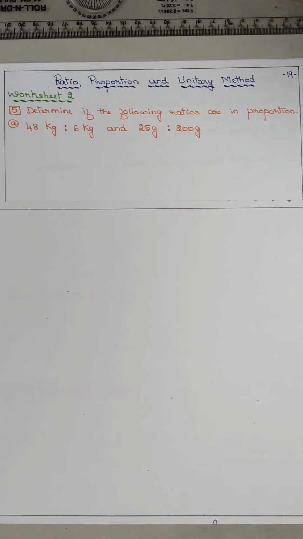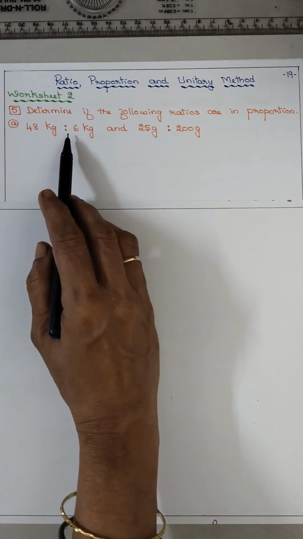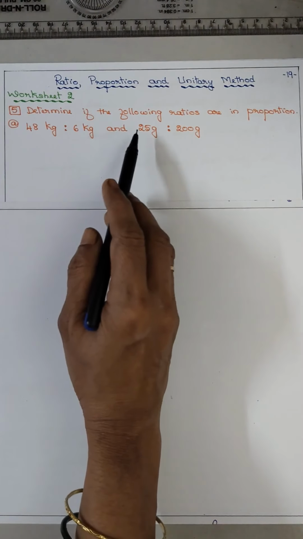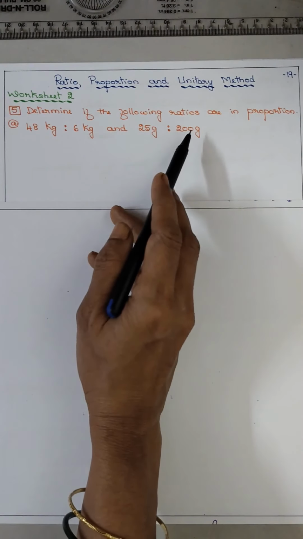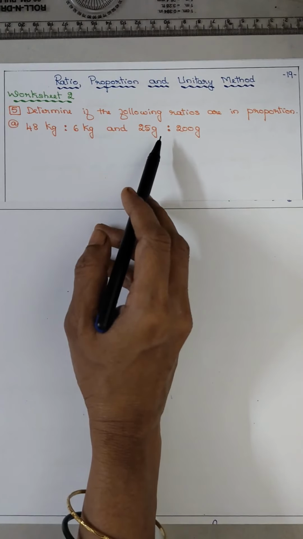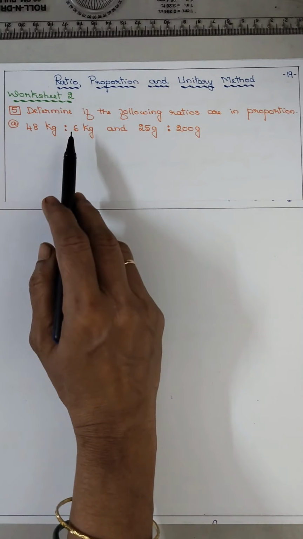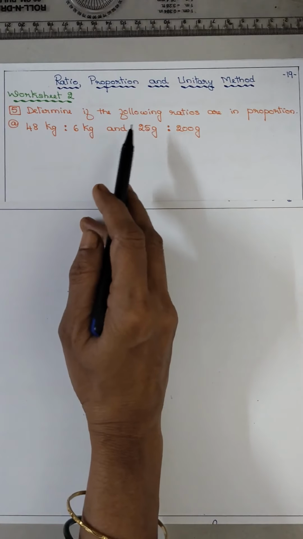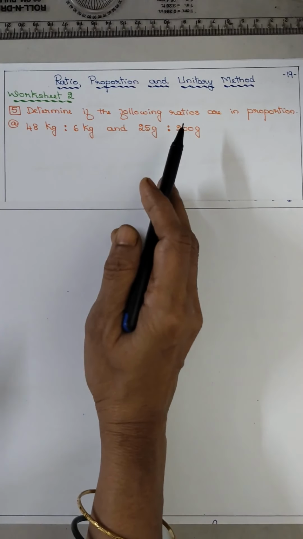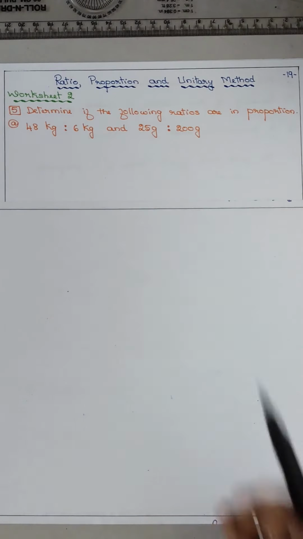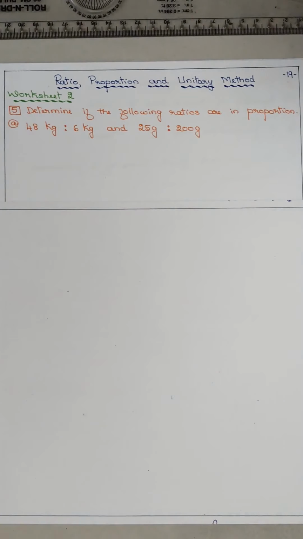The question is 48 kg is to 6 kg and 25 grams is to 200 grams. In this you don't use the product of extremes equal to product of means. Here we will use the other method.